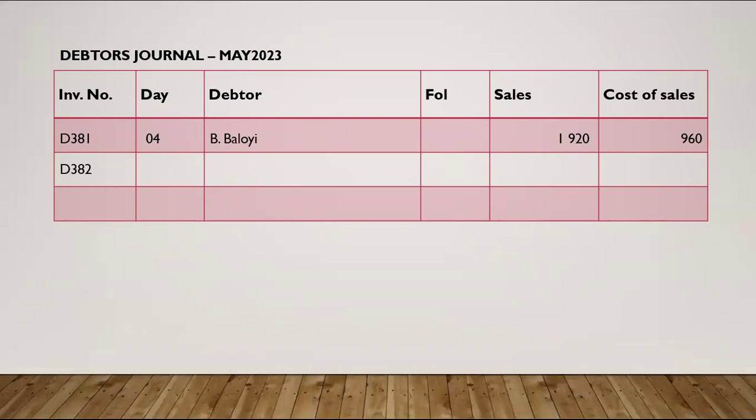The day will be the 13th. It was received from R. Redif. And the selling price is 2024. Take 2024, multiply it by 100, then divide it by 200.